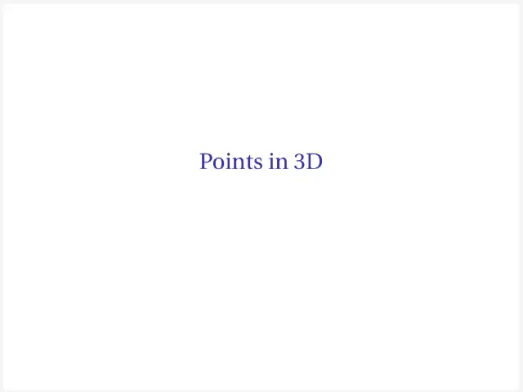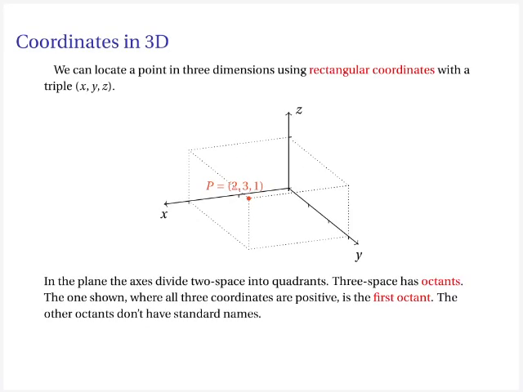Okay, so we've done 2D, so we're moving up to 3D, and again, focused mostly on the vocabulary, but also trying to stop from time to time and point out this is the idea, this is the idea. So in 3D, just like in the plane, you can locate a point in the plane by using 2 coordinates. In 3D, you can locate a point in space by using 3.